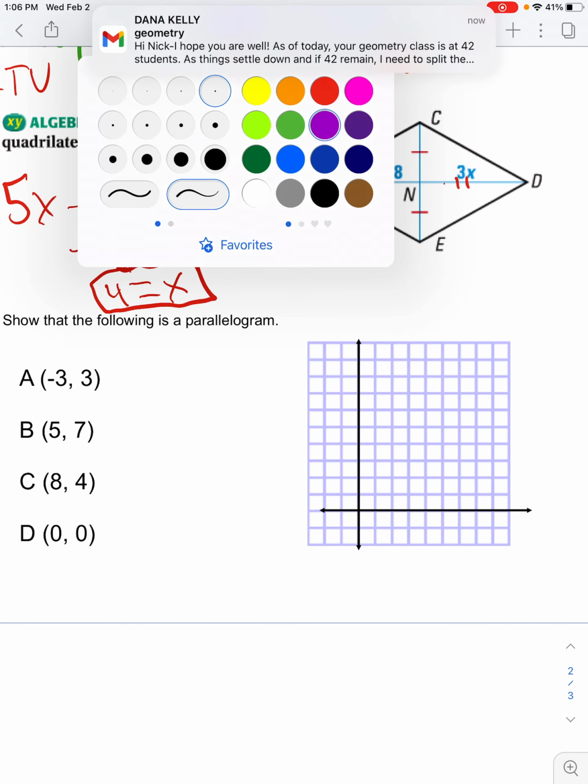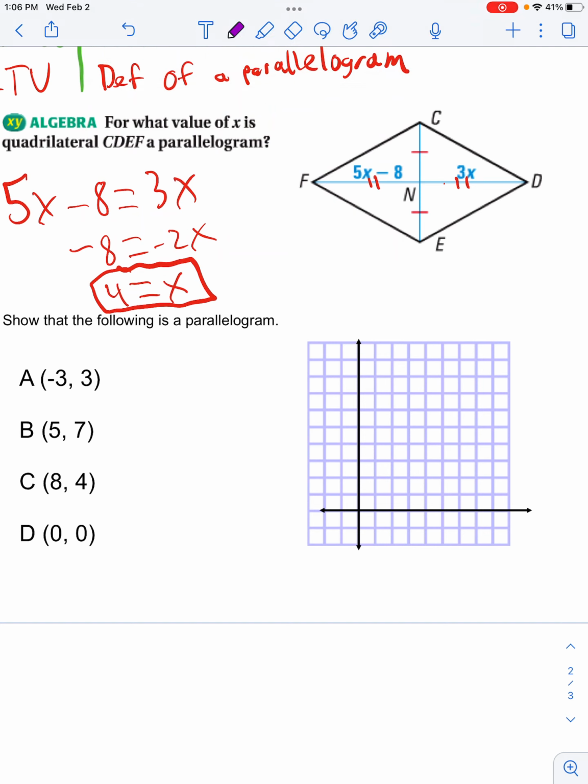All right, so let's plot these points. Let's see here. Negative 3, 3. 5, 7. 8, 4. Oh, wait. 1, 2, 3, 4, 5, 6, 7, 8.